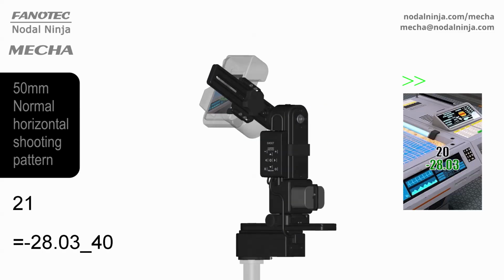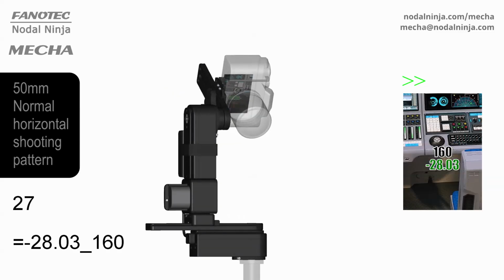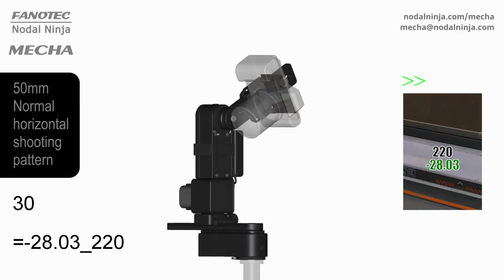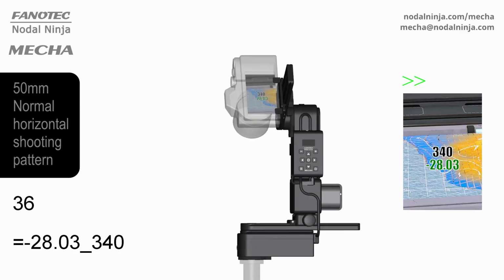Shooting in a horizontal normal pattern means shooting row by row, each row in the same order. After the last position of the first row, the first position of the next row follows, and so on.